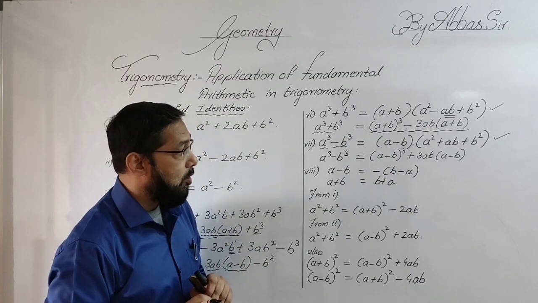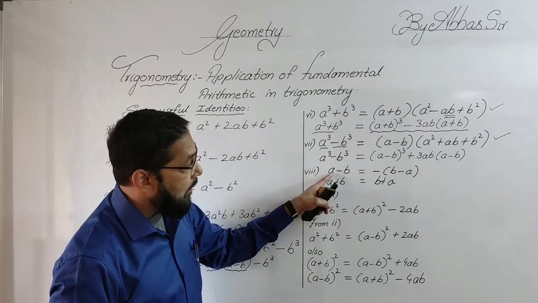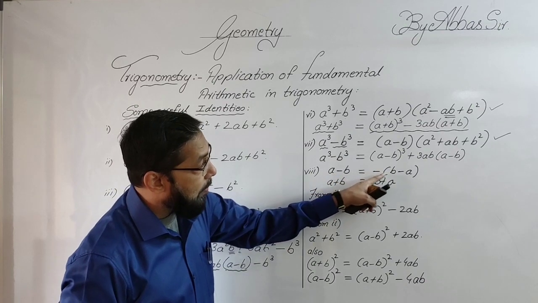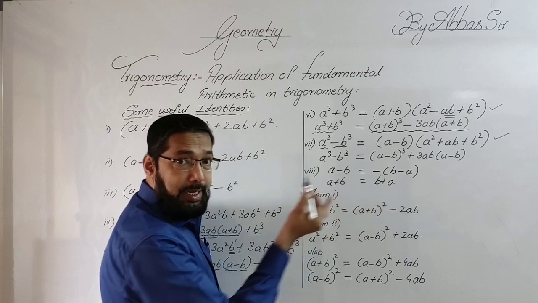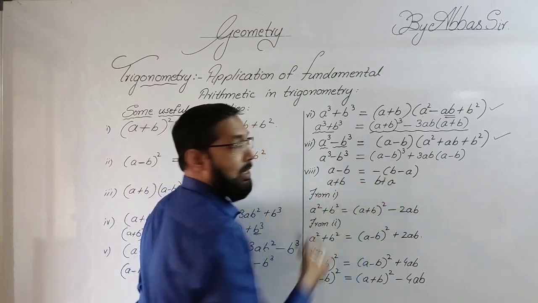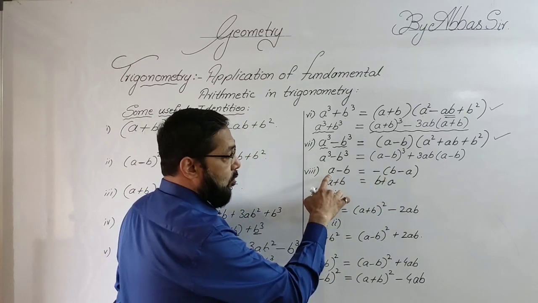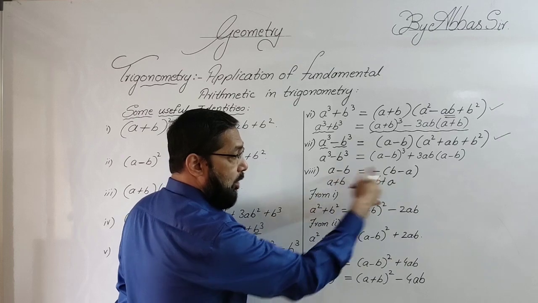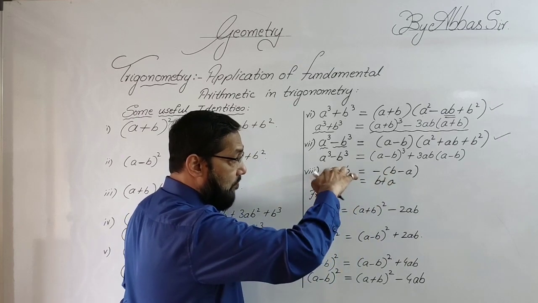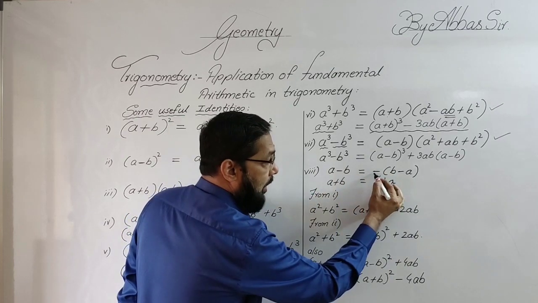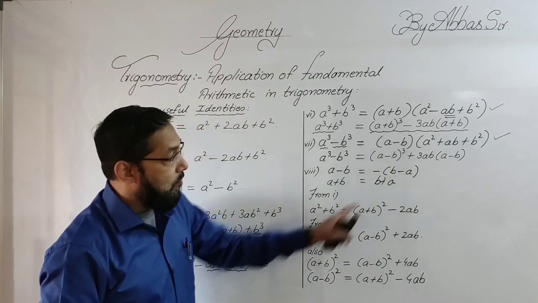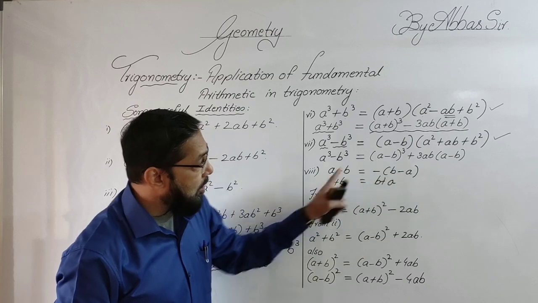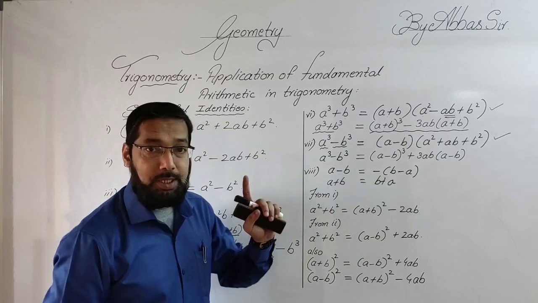To convert a minus b into b minus a, that is, to reverse the terms, we require a negative sign outside the bracket. When you open the bracket, you will get the same thing, a minus b.